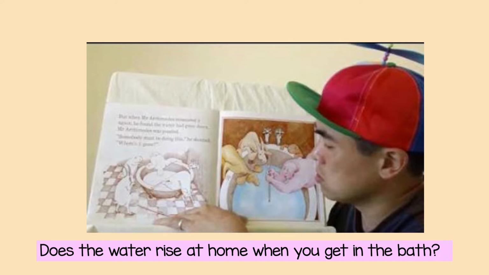Mr. Archimedes was puzzled. Somebody must be doing this, he shouted. Where's it all gone? Maybe it's you, Kangaroo. You stay out and we shall see if it happens again.